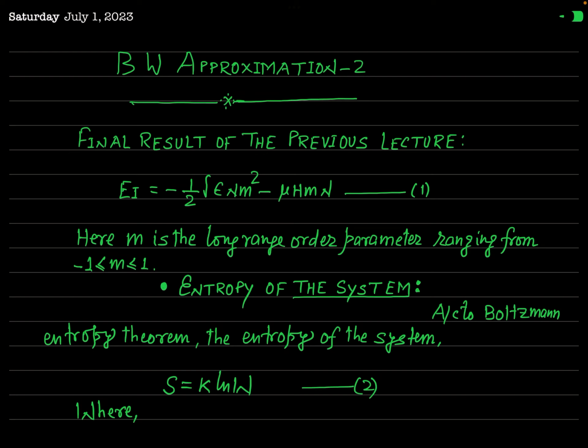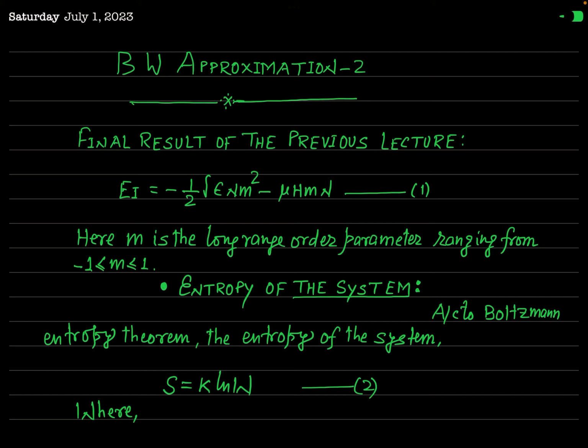In the first part of the lecture on this subject, you have seen the calculation of the interaction energy when a ferromagnetic substance is placed in an external magnetic field. The substance gets magnetized, and there are two types of interaction.